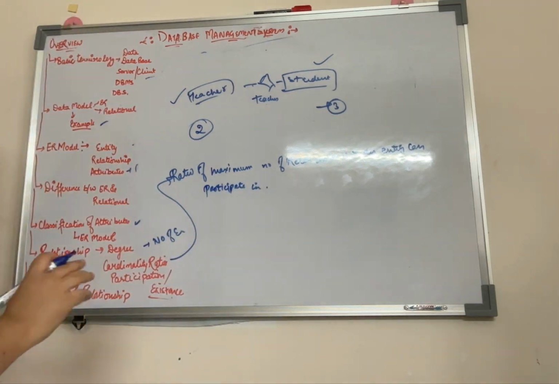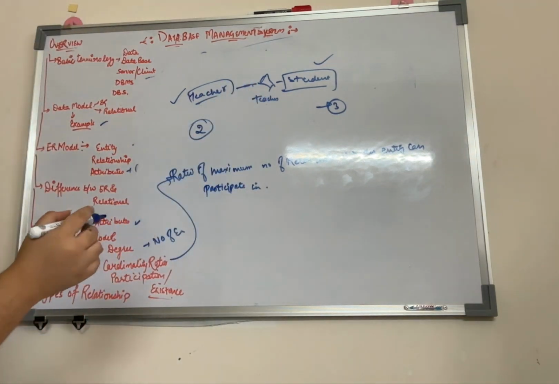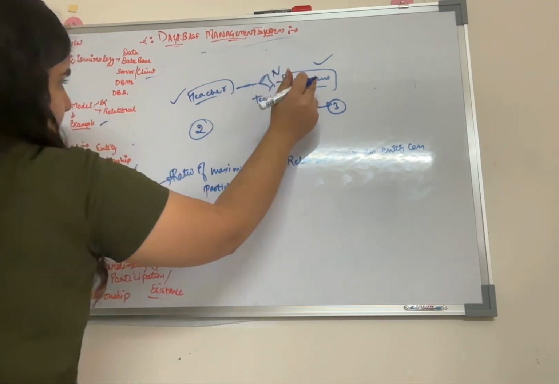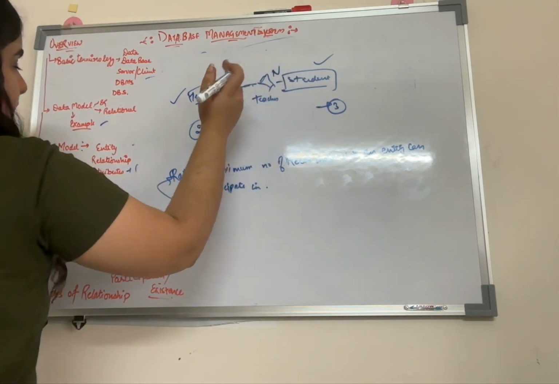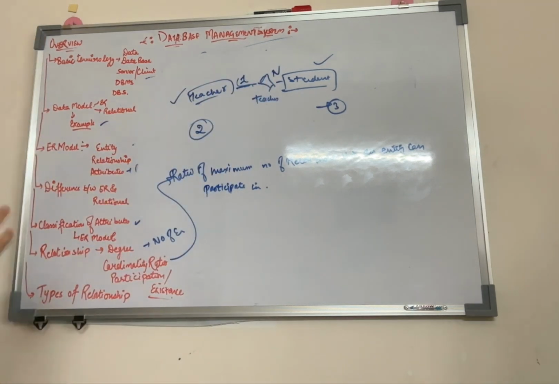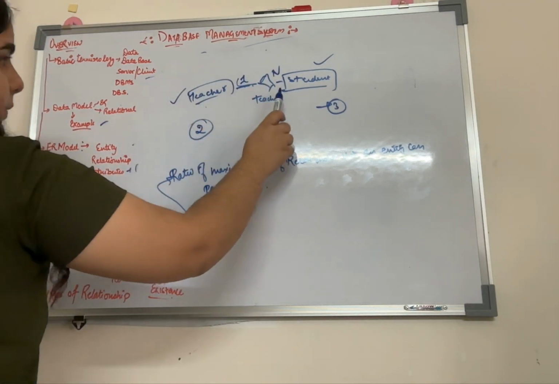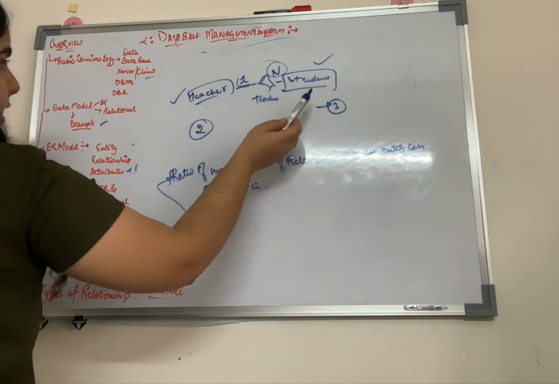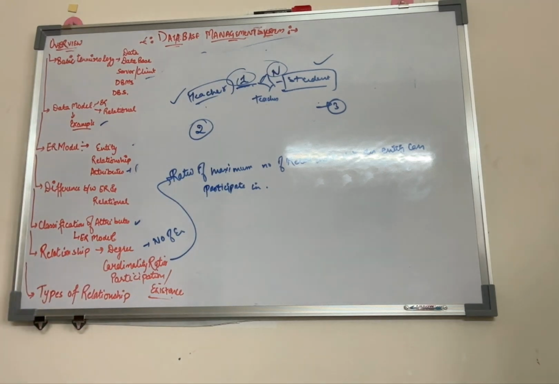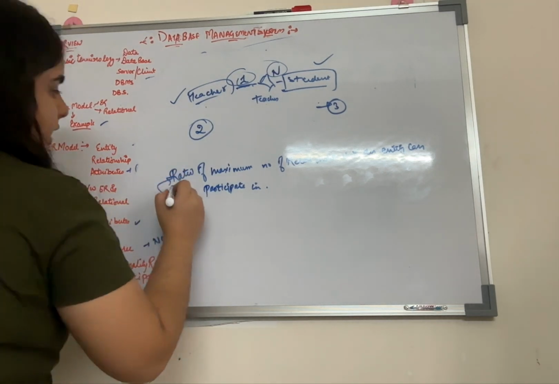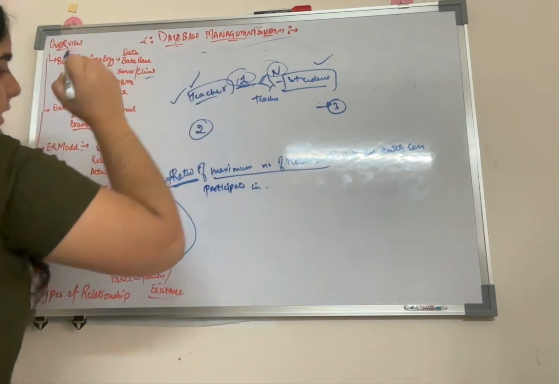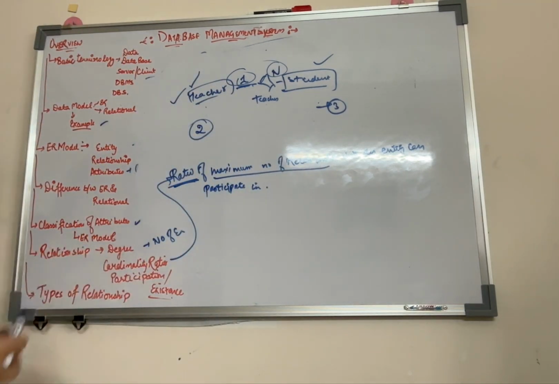Now, what does that mean? Let's say that a teacher can teach at most 10 students, and a student can have at most one teacher. So the teacher can participate in n relationships at most, and the student can participate in just one relationship at most. So the ratio of the maximum number of relationships that an entity can participate in is nothing but the cardinality ratio.